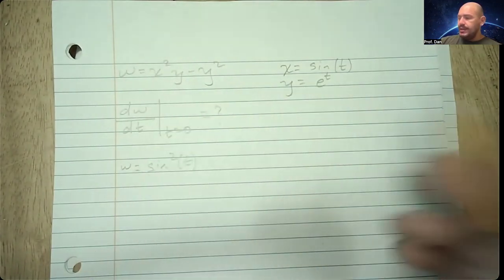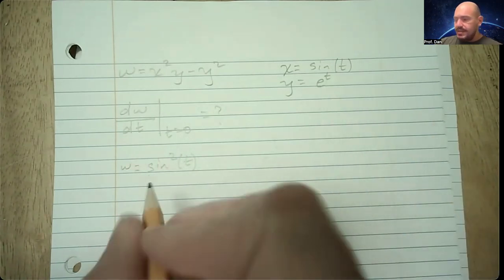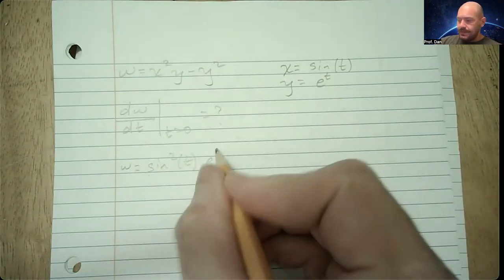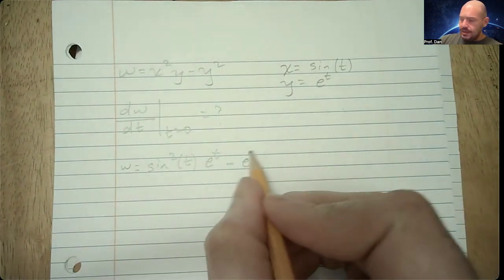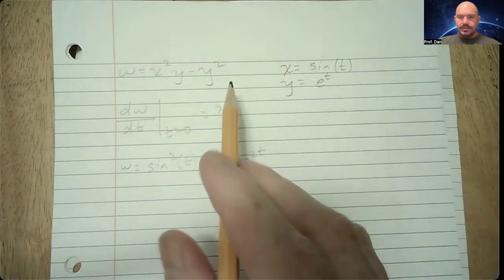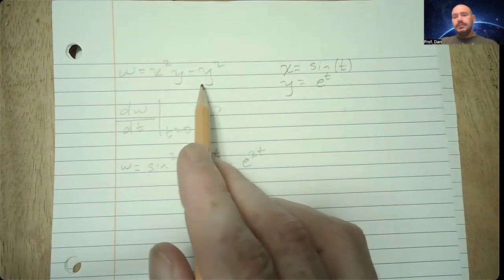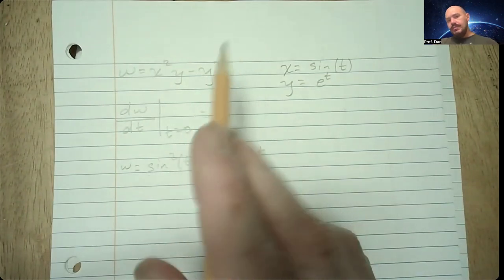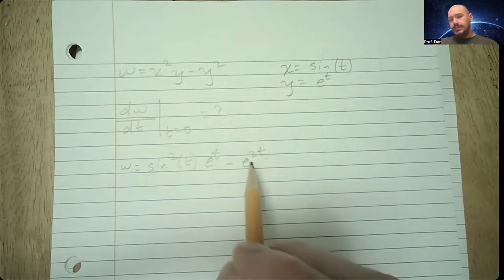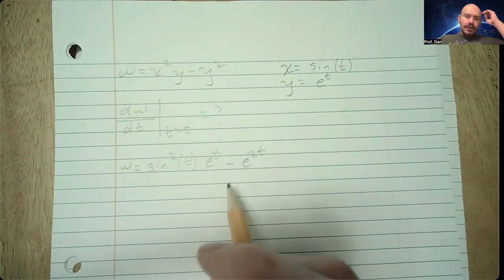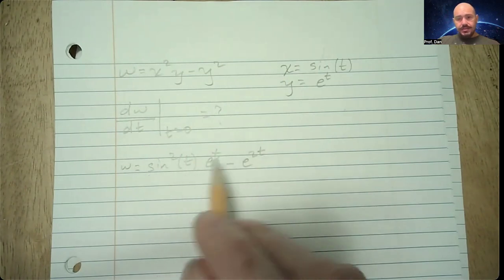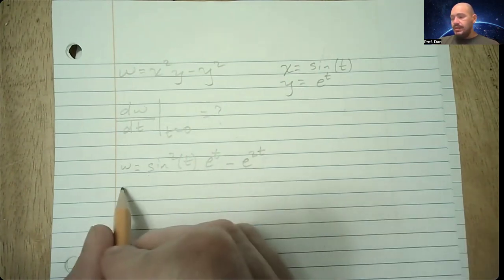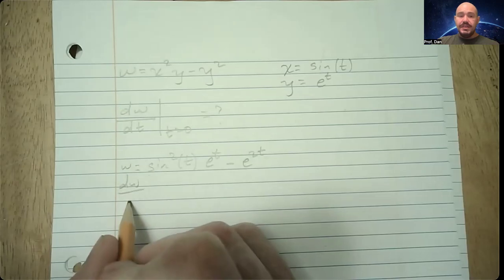And anywhere that I see a y, I can replace with e to the t, so e to the t minus e to the 2t, right? Because remember, this will be e to the t squared, power to a power you multiply, which is why I got 2t. So if I were to take the derivative of this with respect to t, that would give me dw dt.